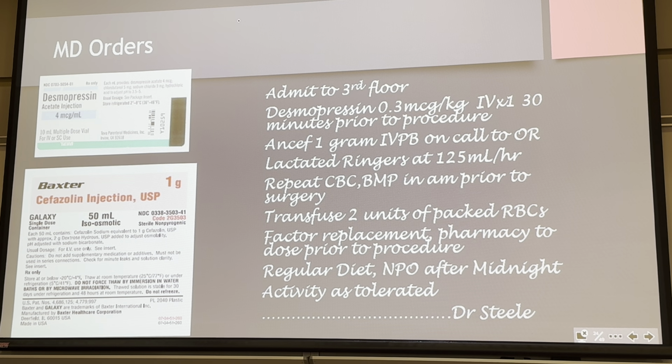Now using your label, tell me how many milliliters you would need to give the patient. Round it to the nearest 10. How much are you going to give? It is 4.5. So we're going to give 18 micrograms, which is 4.5 milliliters.